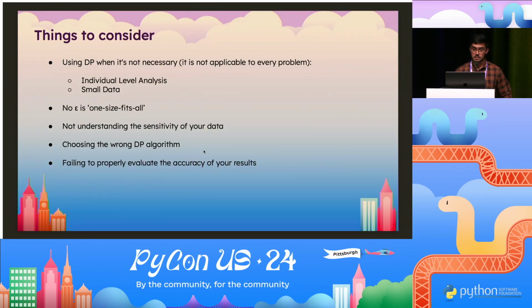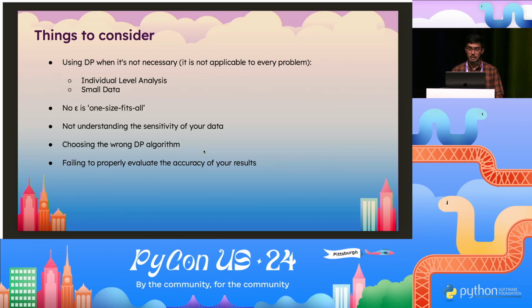Some things to consider while implementing differentially private algorithms: sometimes it's not wise to use differential privacy. For example, if I want to figure out fraudulent credit card transactions, I actually want to access the true data, because I want to figure out the amount that was spent and where it was spent, so the location information and the amount information.